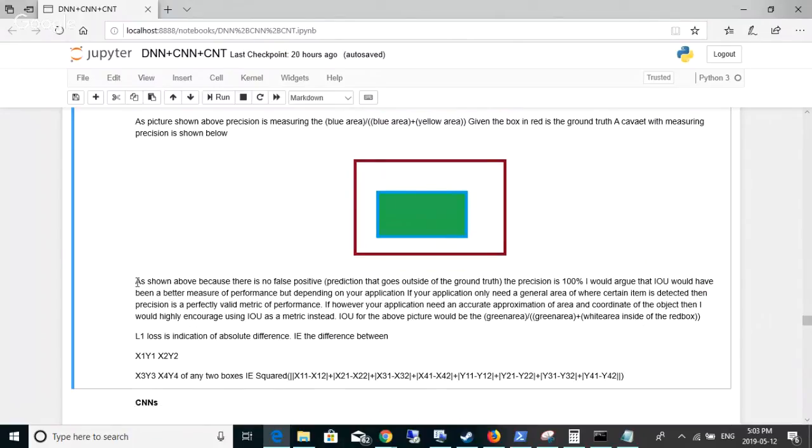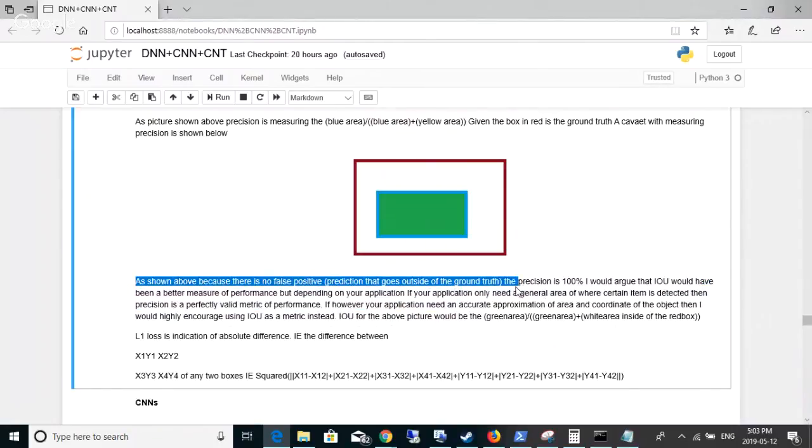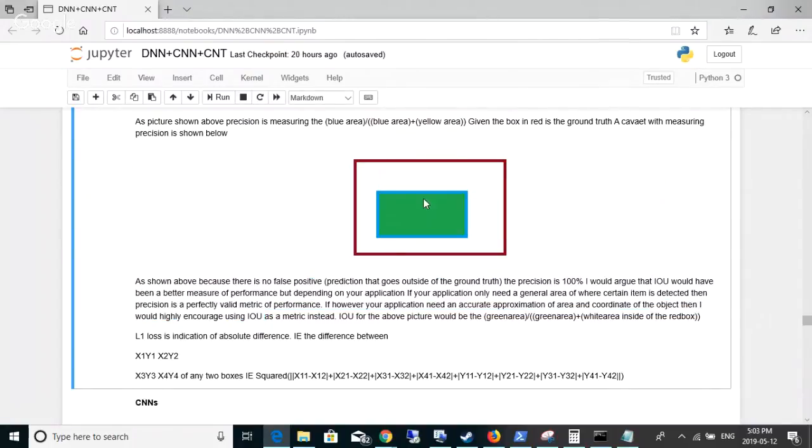So I'm going to argue that a better measurement here would be using IOU, which is intersection over union. So this will be the intersection, and the union would be the whole thing, assuming this is the prediction capturing the same element as the red bounding box, the ground truth. This will be the green area divided by the green area plus the white area inside of here.